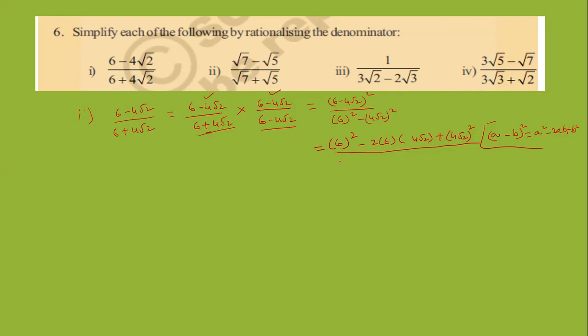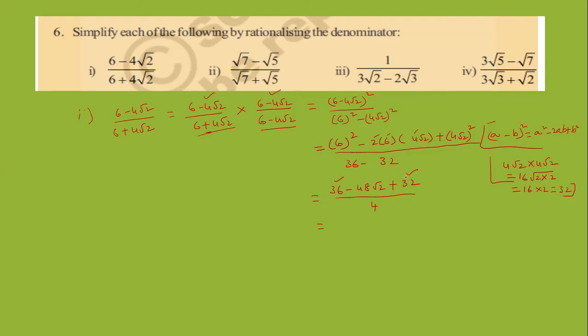Already we have written it. 6 square means 36. 4 root 2 whole square means 4 root 2 into 4 root 2. That equals 4 into 4 is 16, and in the square root symbol 2 into 2. If there are two equal factors under the square root symbol, you take one, that is 2, without the square root symbol. That means 16 2s are 32. So what you get here is 36 minus 32 in the denominator part.